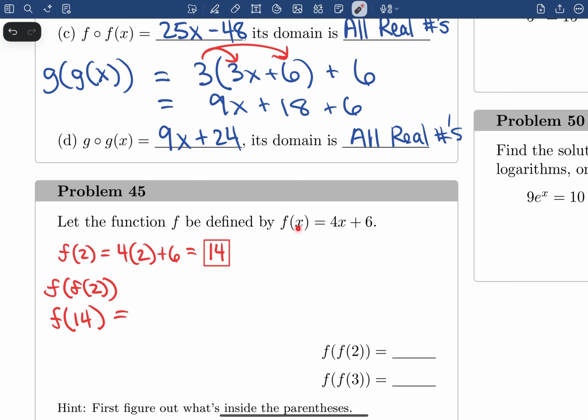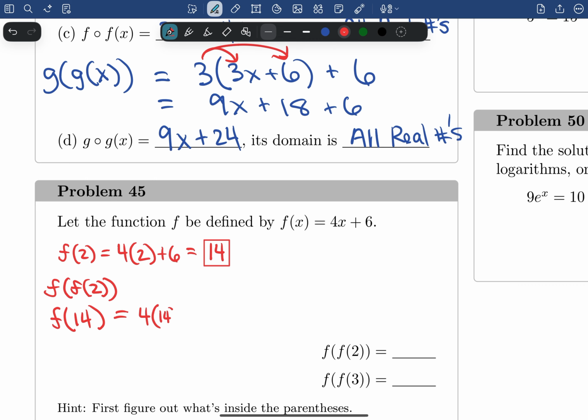So I plug 14 into the function. 4 times 14 plus 6. And I get my answer. That's 62, looks like. Okay, so this is my answer for f of f of 2, 62.